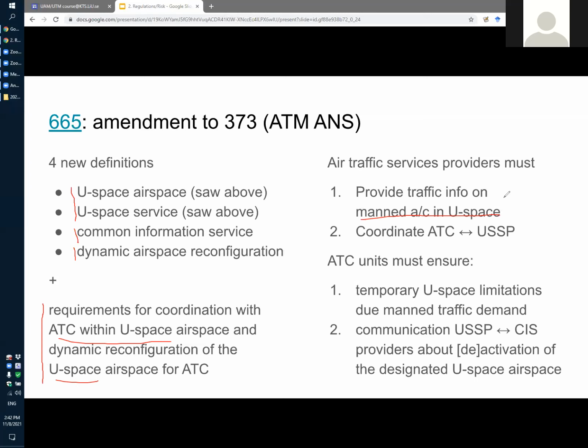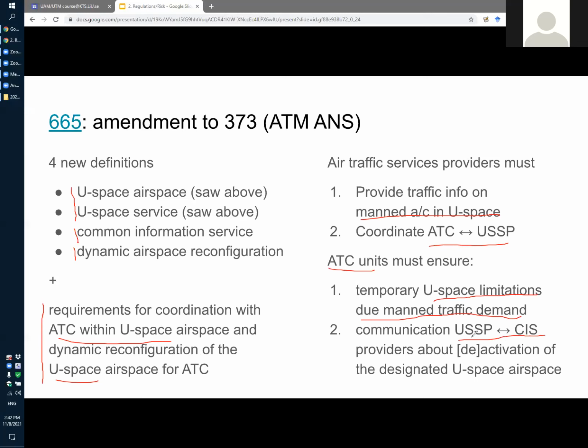In principle, they are possible, as we know. You have to coordinate between air traffic control and U-space service providers. Because of the manned traffic demand, the U-space may have additional constraints, and air traffic control units should make sure that they're appropriately known and done.